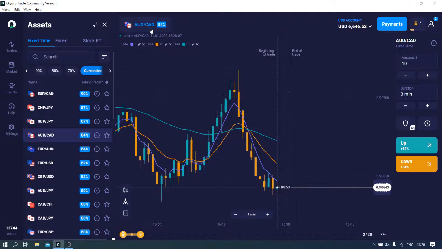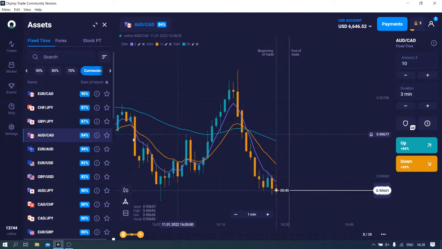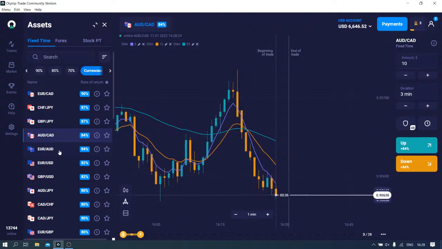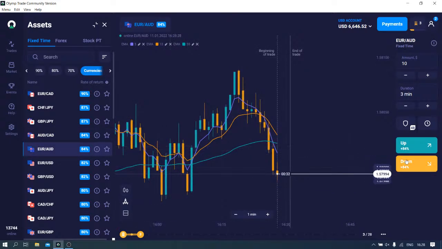If you traded on the Australian dollar against the Canadian dollar, if you opened the trade about 5 minutes back, well, I congratulate you, because you made a really good investment. You opened a really good trade.